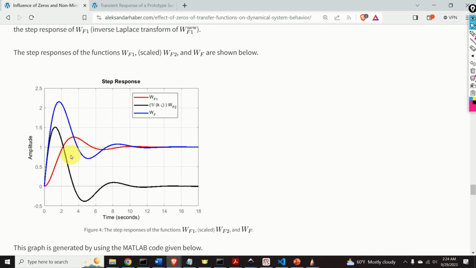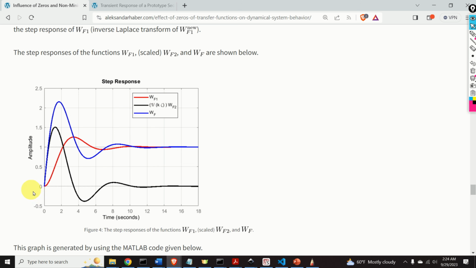This graph is very important since it shows the step response of the transfer function WF. It also shows the step responses of its components. The red line is the step response of the transfer function WF1. To remind you, this part is a part of the transfer function that doesn't contain a zero.